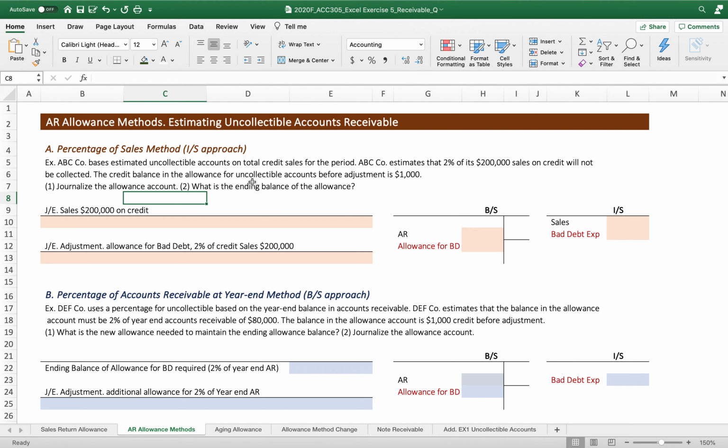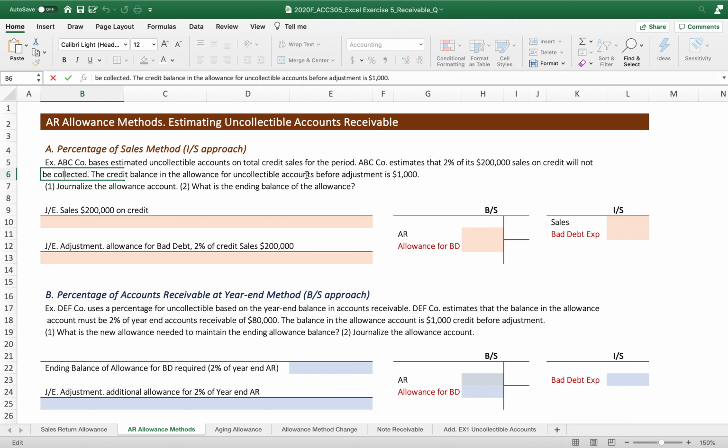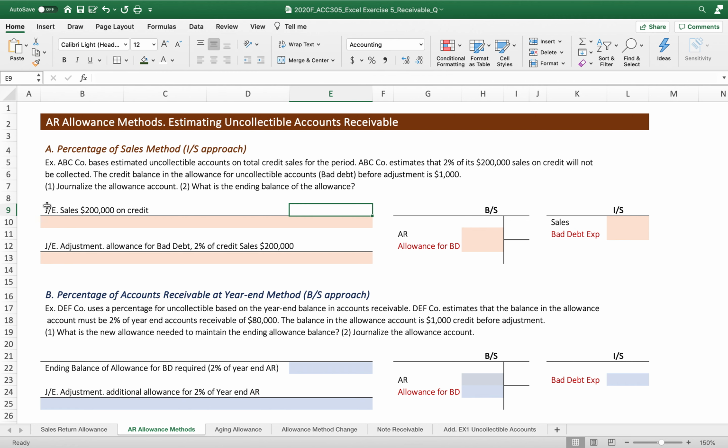So we have a beginning balance of allowance for bad debt, allowance for uncollectible accounts. Again, it's the same allowance for bad debt. So the sales are 200,000 on credit.